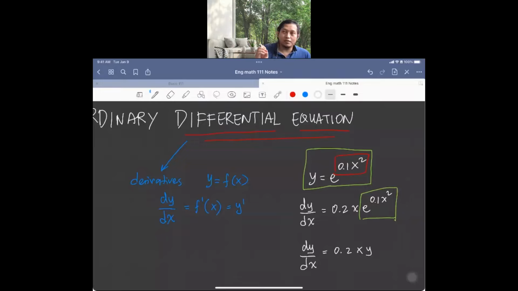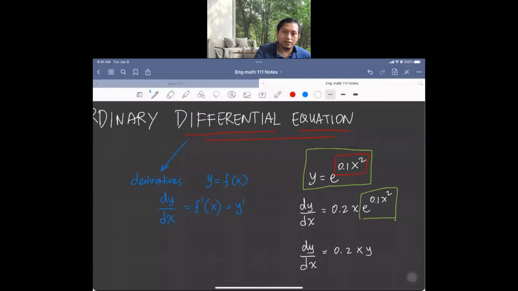Basically we treat x as our variable. But now in differential equations as a whole, we are going to treat y as our center.